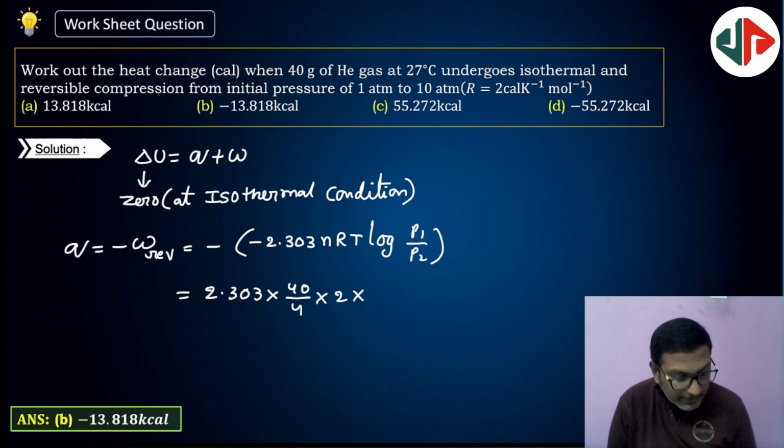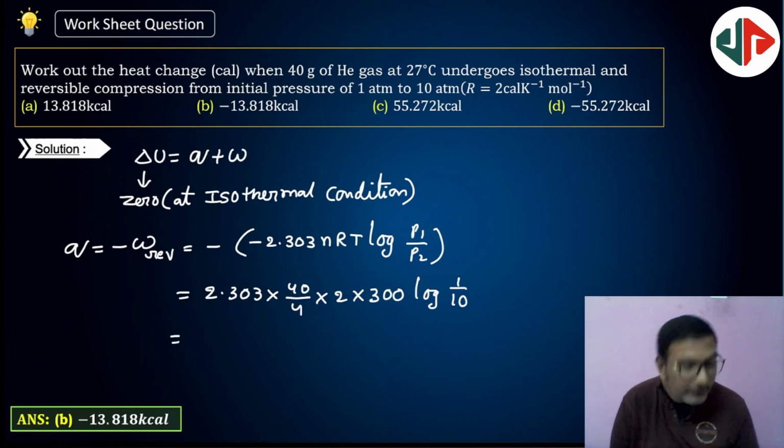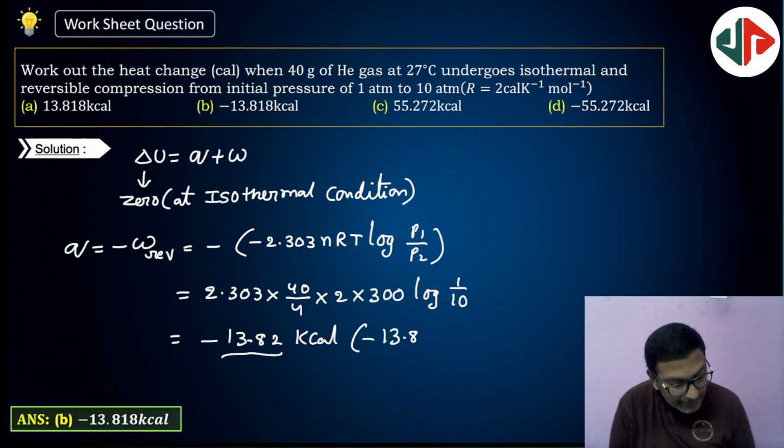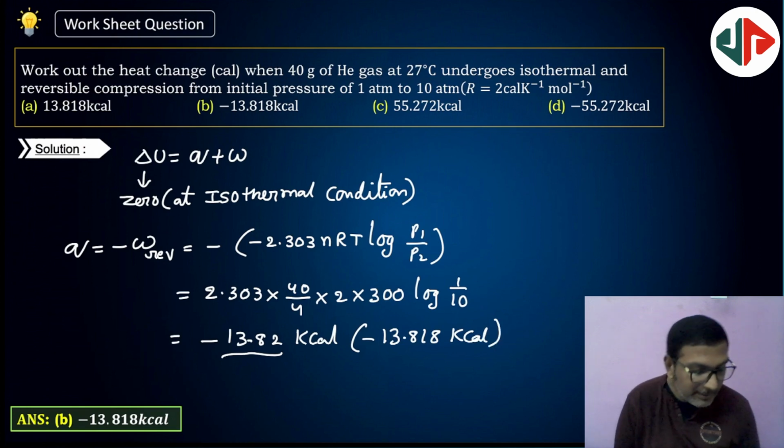Next 2 calories R value, temperature 300, log 1 by 10. So which is equal to minus 13.82 kilocalories. So exact value minus 13.818 kilocalories, approximately minus 13.82. So option B.